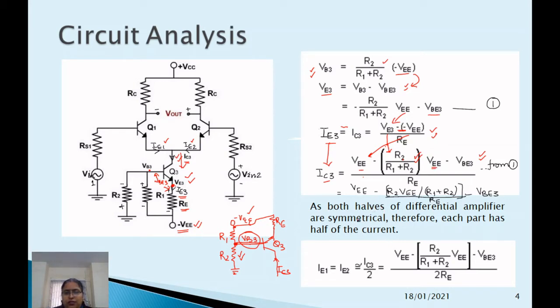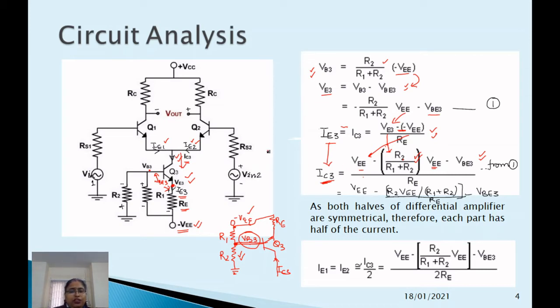So next, as now IC3 is given by this equation, right? This IC3, as we can see, is the sum of IE1 and IE2. As both halves of the differential amplifier are symmetrical, we know Q1 and Q2 are exactly symmetrical to each other.